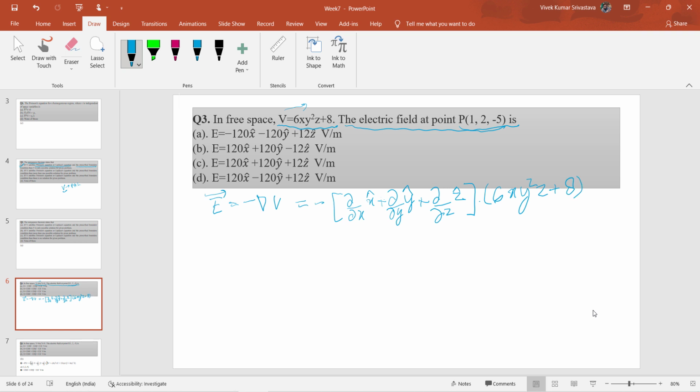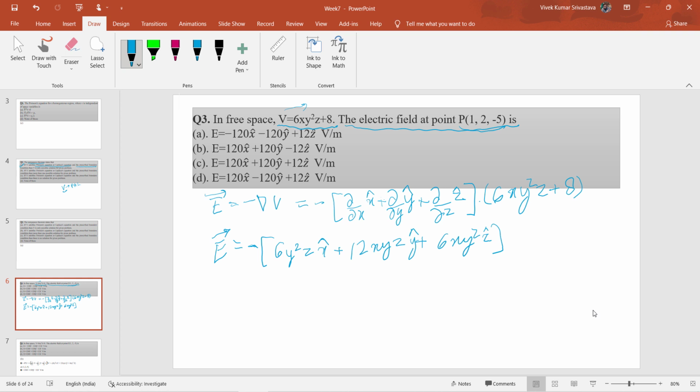Now you can differentiate this function with respect to its partial variables, and this becomes 6y square z x cap plus 12xyz y cap plus 6xy square z cap. So this basically represents the electric field vector.